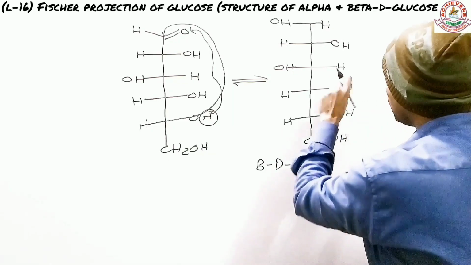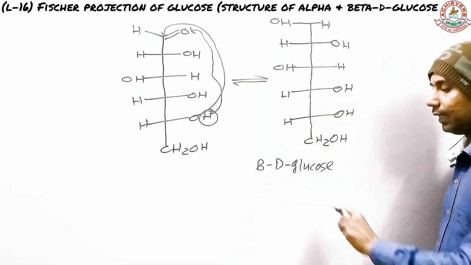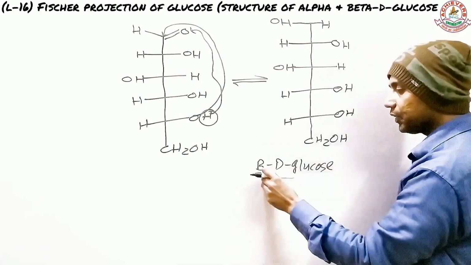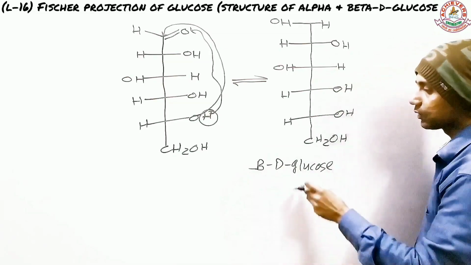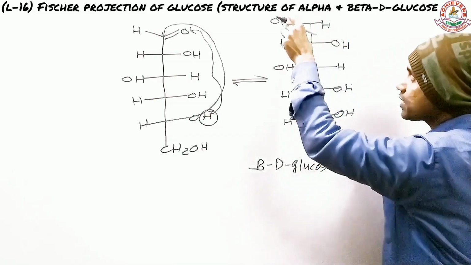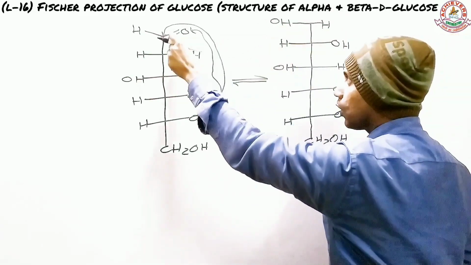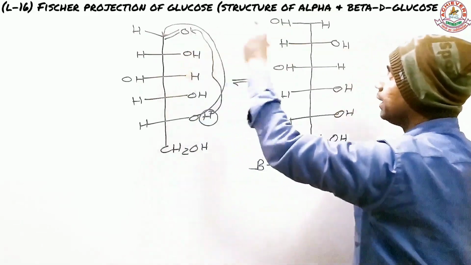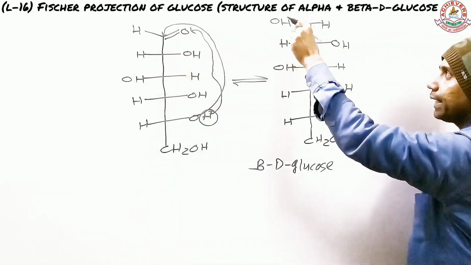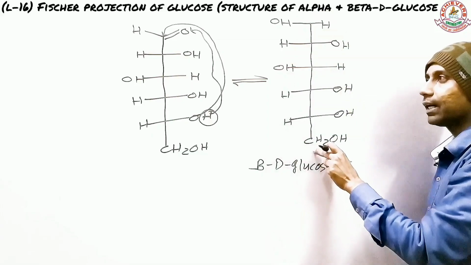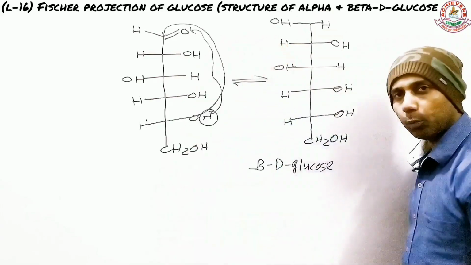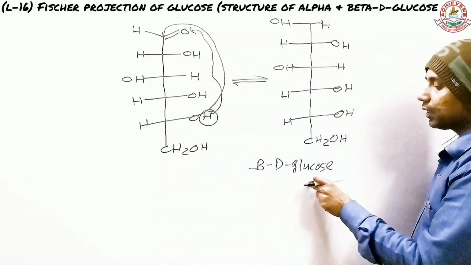So what you need to concentrate on while you draw the Fischer structure of the beta form is that the OH formed due to the hemiacetal development must be on the left hand side. All other things are exactly like you have in the open structure of the glucose. So this is the beta D glucose here.